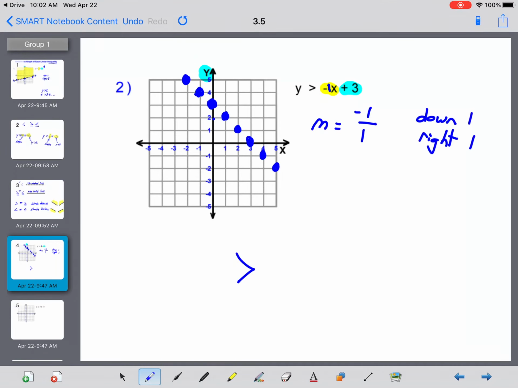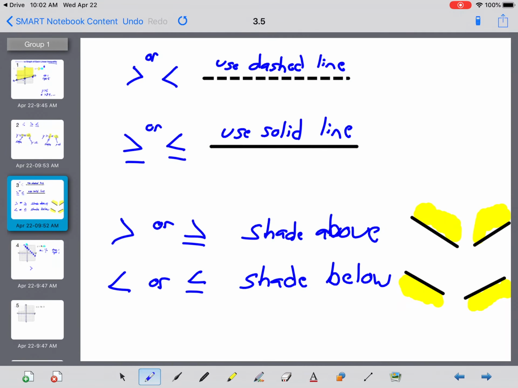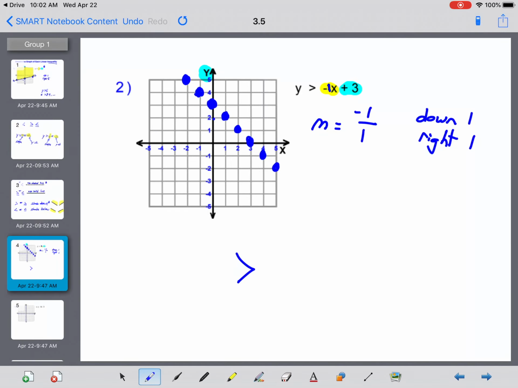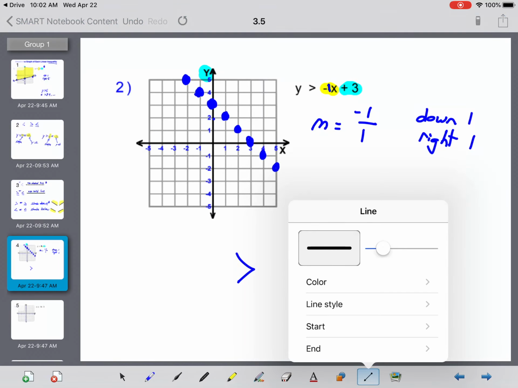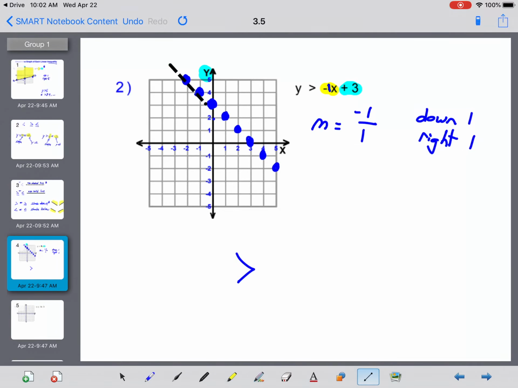Now our symbol is greater than. If we go back to the chart, greater than means a dashed line, and we're going to shade above. So I'm going to give this a dashed line, and put our arrows on the end.